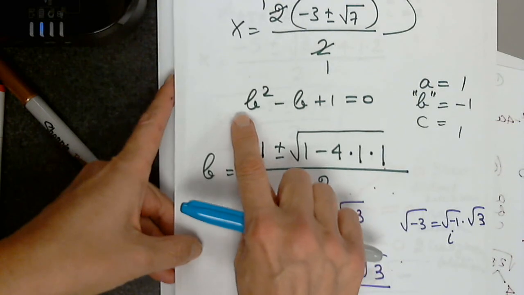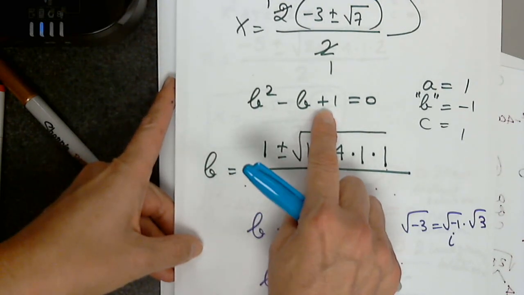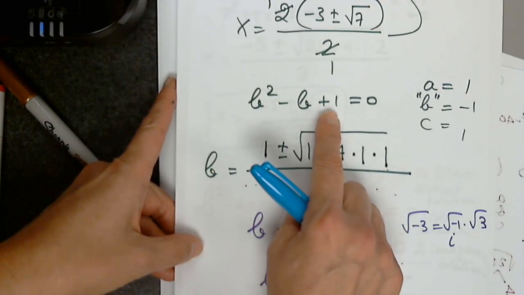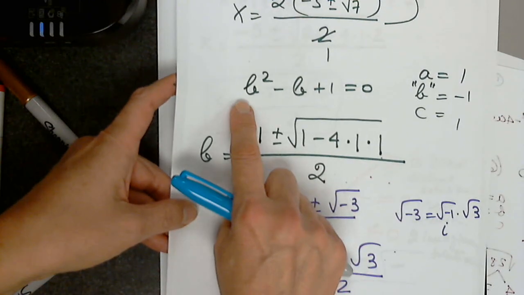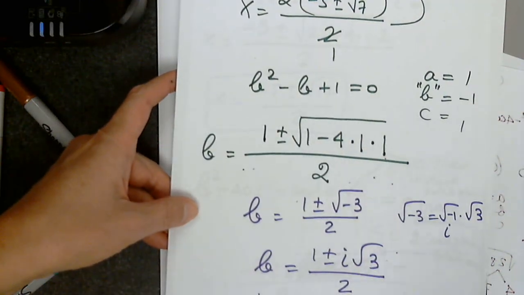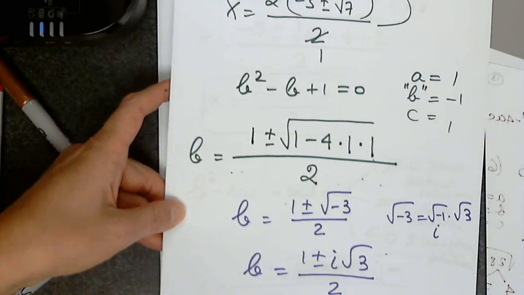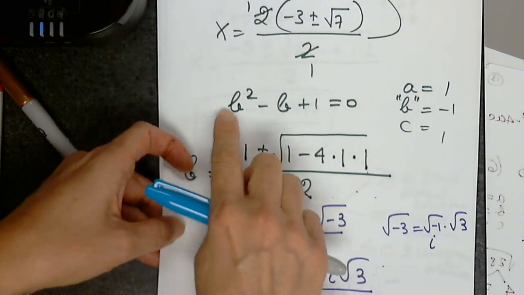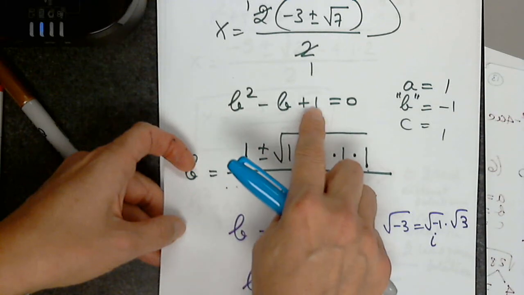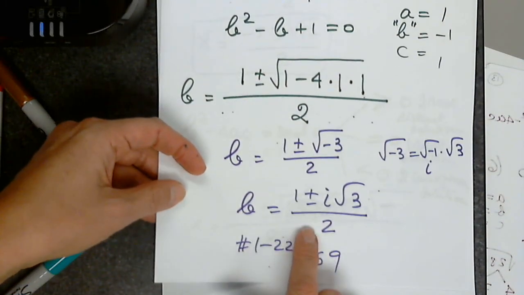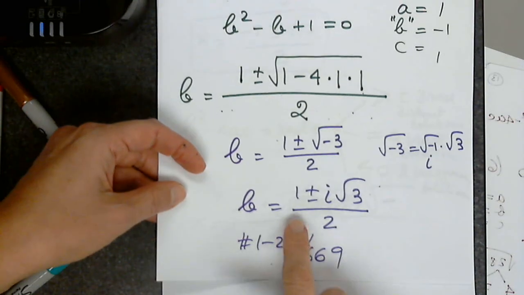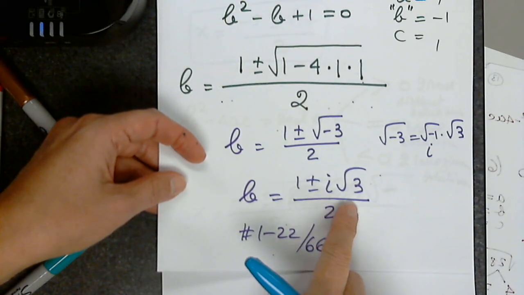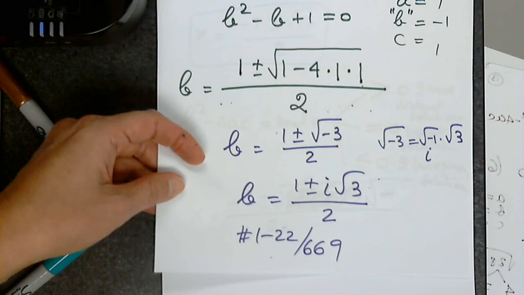So when the coefficients of this polynomial are real, that's what you will see most of the time. You're not going to get complex solutions. There are courses that deal with complex numbers only. So you're not going to get complex coefficients. The solutions will always be two complex conjugates. So if I have the solution a plus bi, I will have the solution a minus bi.